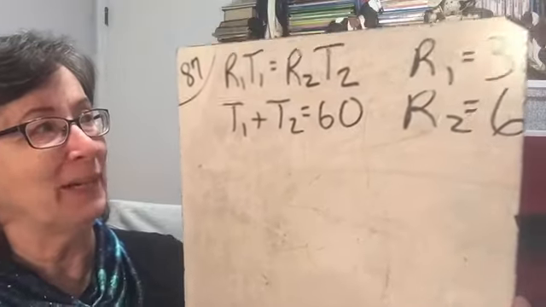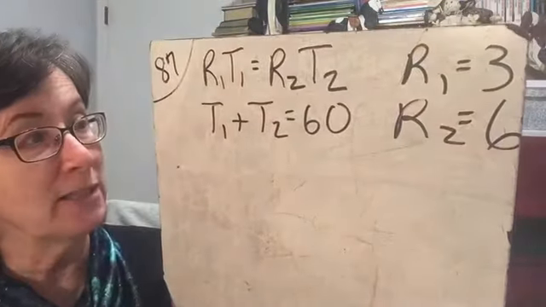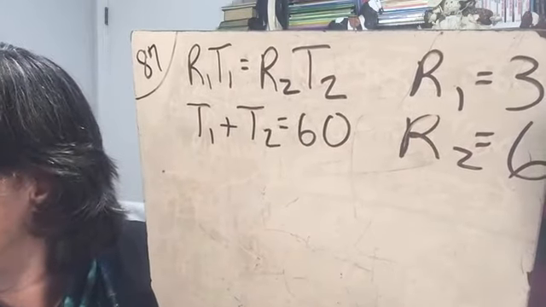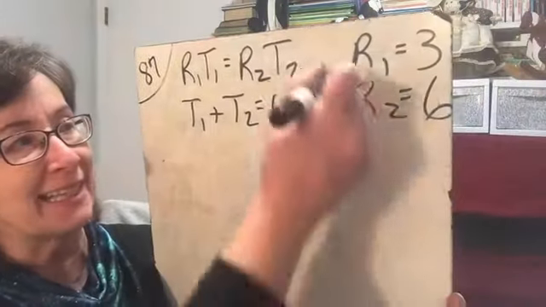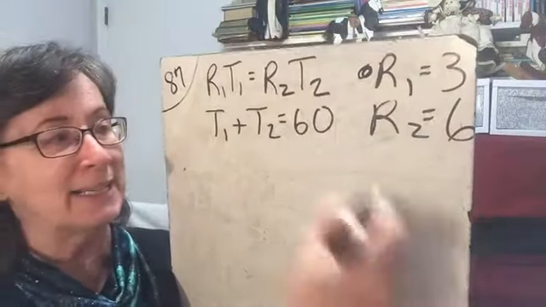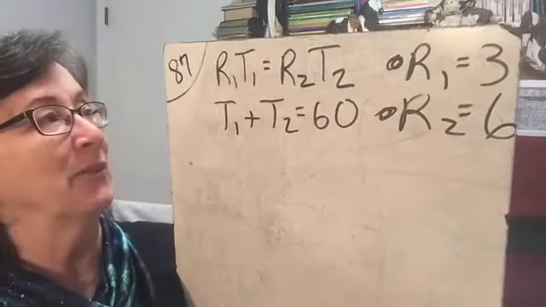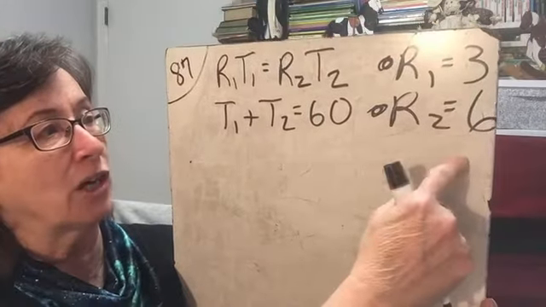All right, so here we have a system of equations, and we're going to solve. Here it says to solve for the values of all unknowns. Okay, well, this isn't an unknown because they tell us what it is, and this one is not an unknown. So we're going to solve for T1 and T2. All right, so let's start here and start replacing the R's with what we know.